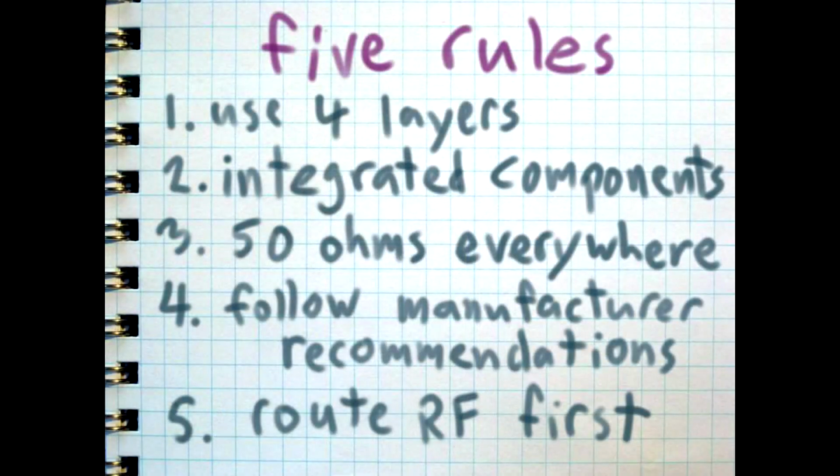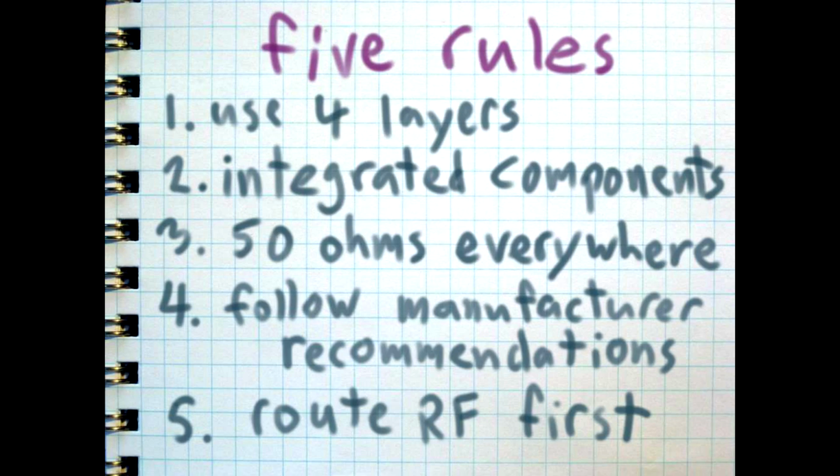The simpler way is what has led me to be able to produce successful open source hardware designs that are RF circuits. So this is the core of the talk right here. If there's one thing you get out of this talk, it is these 5 rules. These are my personal 5 rules for RF circuit design.